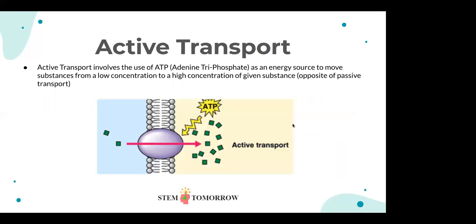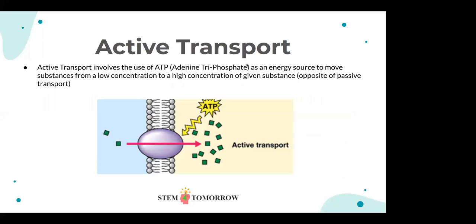Next, we're going to be talking about active transport. What I talked about before is that active transport involves the use of ATP, which is adenosine triphosphate, or 3-phosphate ions. What I explained in my last video as well is that ATP is broken down into energy by releasing one phosphate ion from the triphosphate.